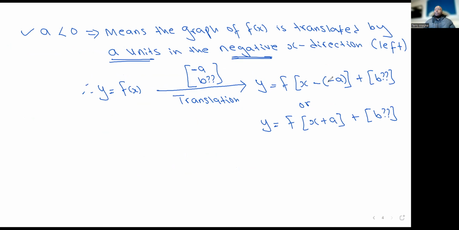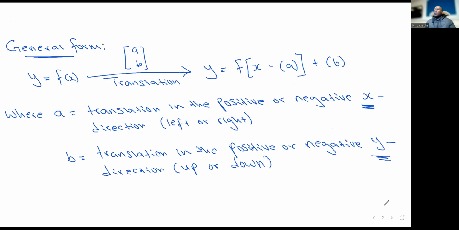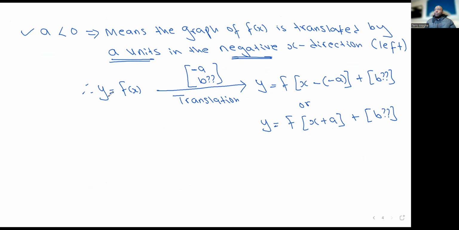It's the same thing. But what you need to know is that similarly, if you look at the previous example where the graph was moving to the right by a units, this time the graph is going to move to the left. So if we pick that same example, let's assume we have this graph here. Now let's call this graph the y equals f of x graph.